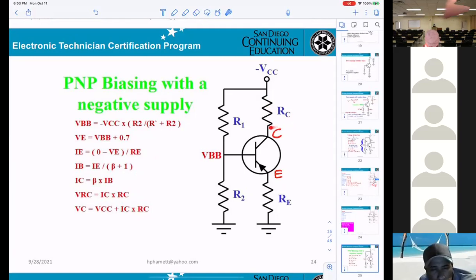And if you want to calculate the voltage at the collector, it will be VCC plus IC times RC. Not minus; minus is for NPN. This is the PNP.